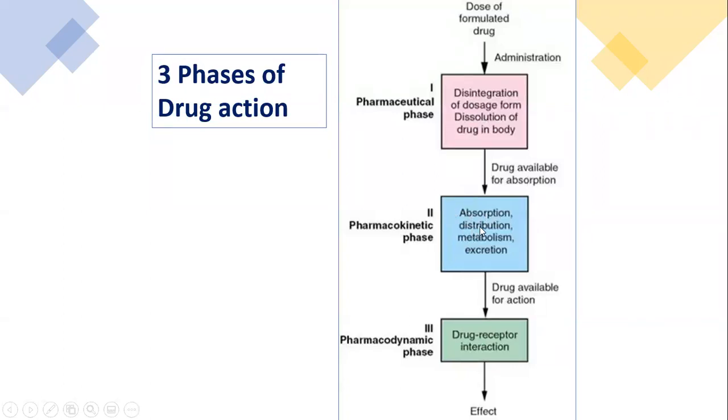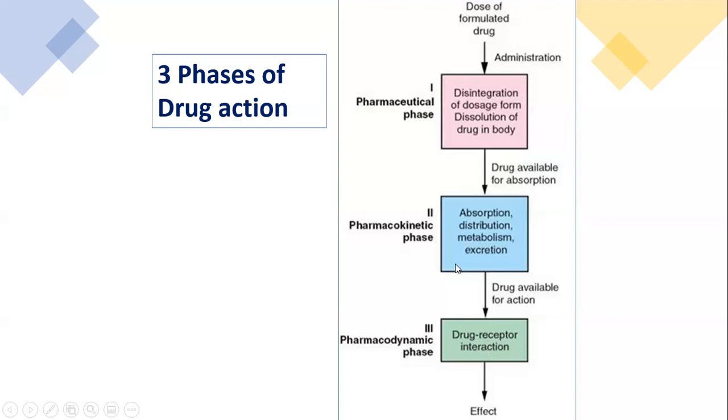Absorption, distribution in the body through the blood, metabolism inside the liver and excretion by the kidney. All of them are discussed in the pharmacokinetics phase. And pharmacodynamics, particularly drug receptor interaction.